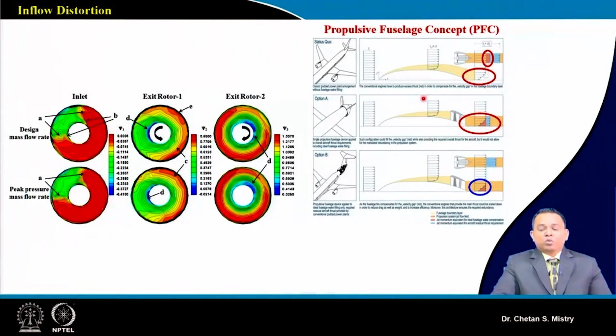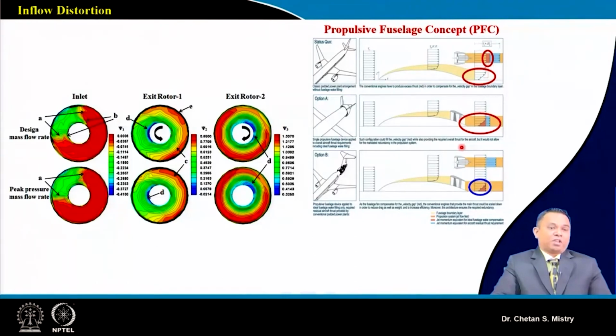So in order to get over this kind of limitation, people have proposed an engine as well as what is called a propulsive fuselage unit, which is placed here. So the effect of drag or boundary layer is nullified by using this kind of fan configuration, and the thrust generated by the engine will be sufficient for the running case.